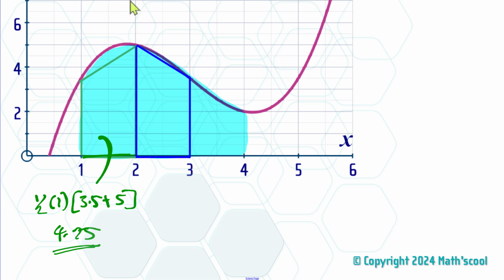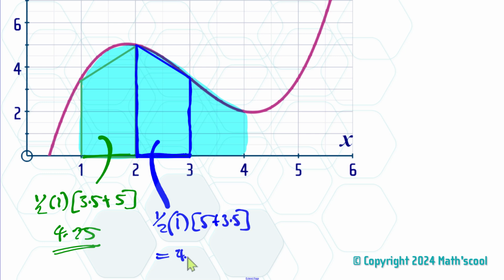It's going to be a half times the gap between the two parallel sides, which is 1. The first parallel side is 5, and the second parallel side is, well, that looks like 3.5 again. And so that's going to give me 4.25 all over again. So those two trapezia are identical, really. One is just flipped in the vertical.